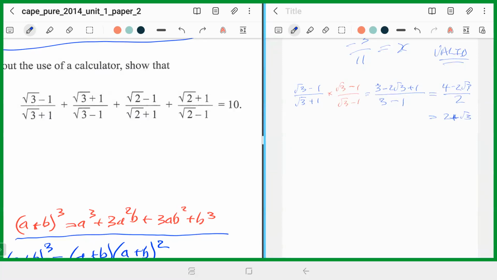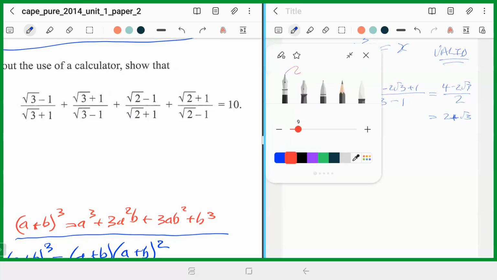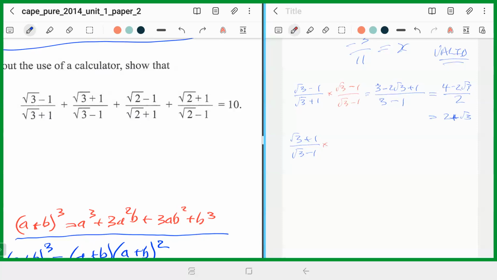Right? And the second one is the reciprocal. So this time I have root 3 plus 1 over root 3 minus 1. I'm going to multiply by the conjugate, so times root 3 plus 1 over root 3 plus 1 this time.